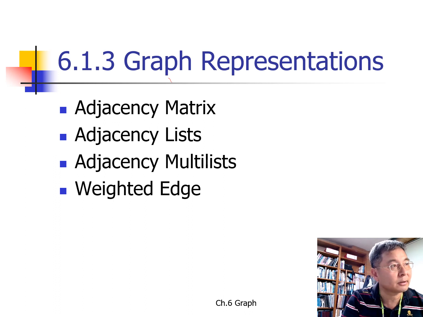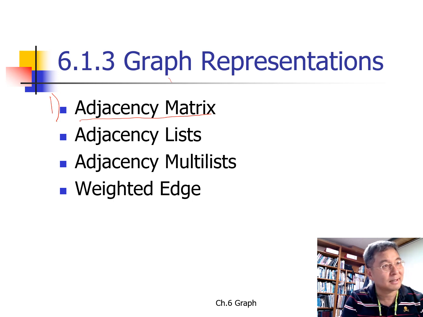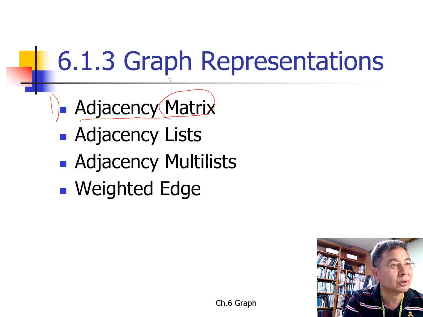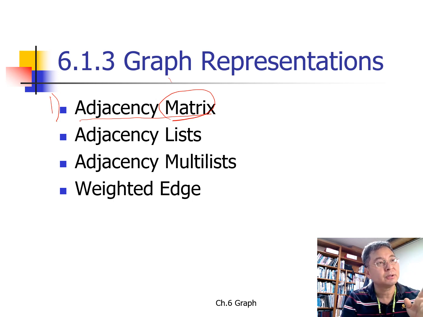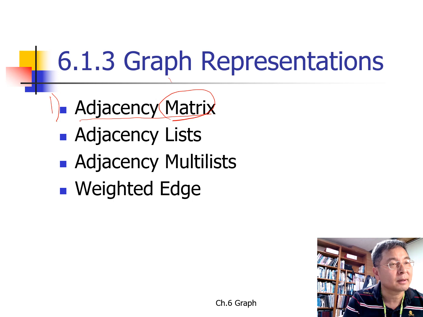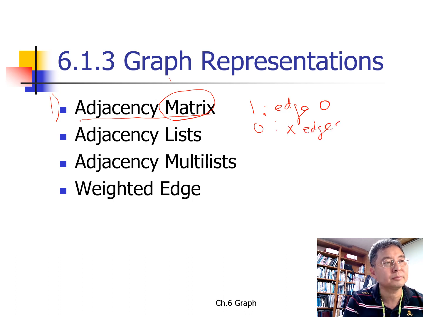The first method is the adjacency matrix. This method uses a matrix data structure, and the matrix value means that if the value is 1, then there is an edge. 0 means that there is no edge.